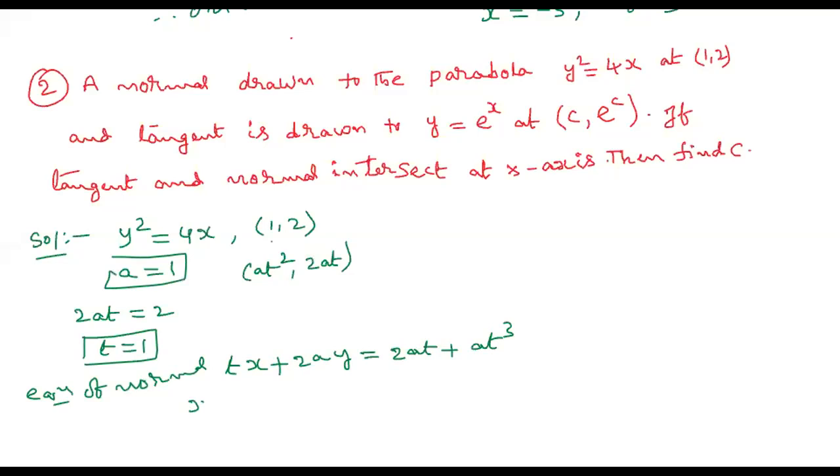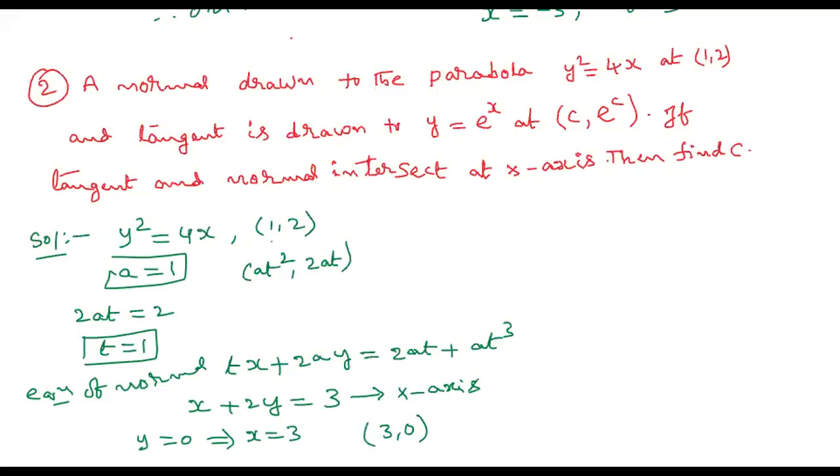We get x plus 2y is equal to 3. This is the equation of normal, and it is intersecting the x-axis. Intersecting the x-axis means y coordinate 0. Substitute y is equal to 0. We get x value is 3. Now finally, the point of intersection is 3 comma 0.